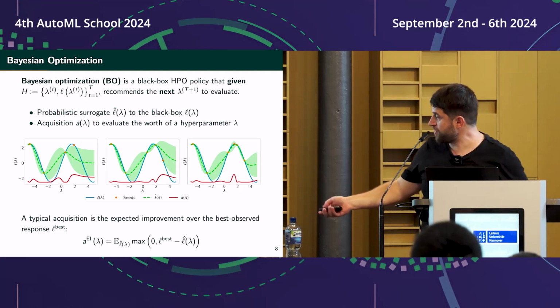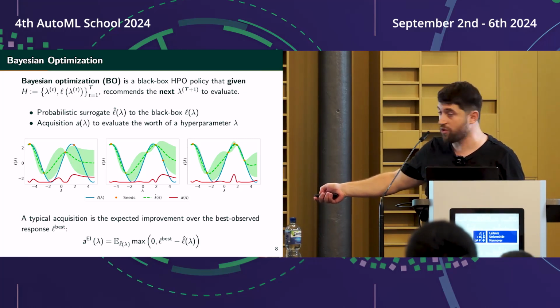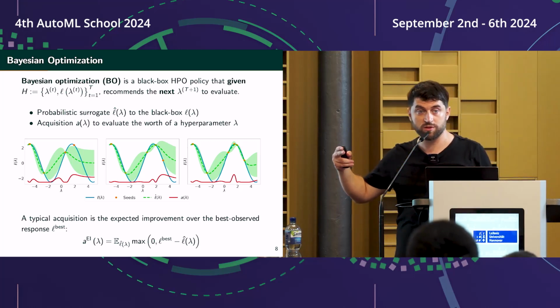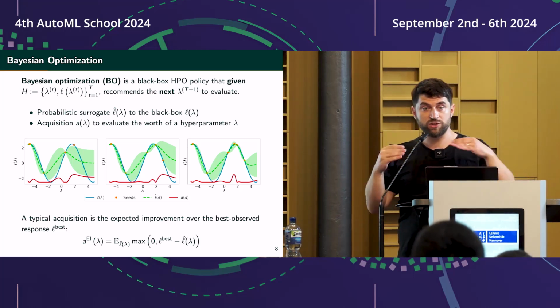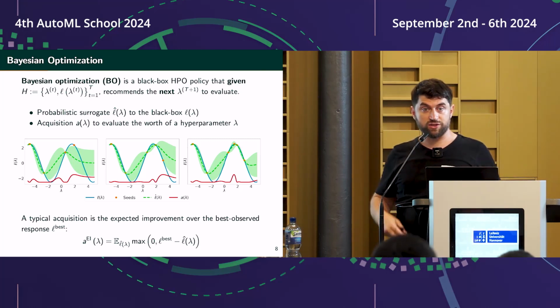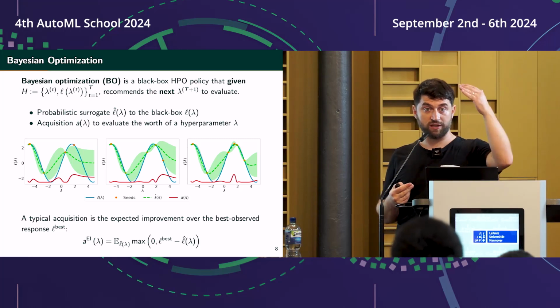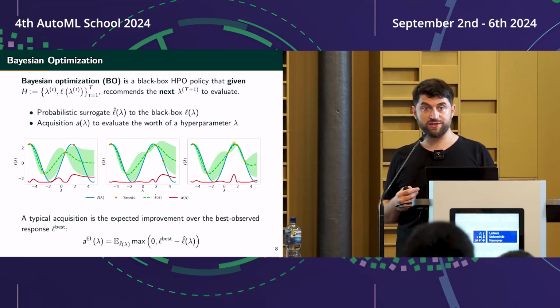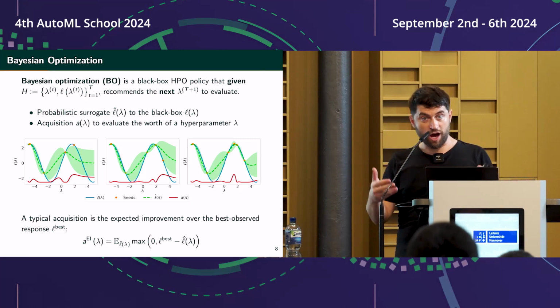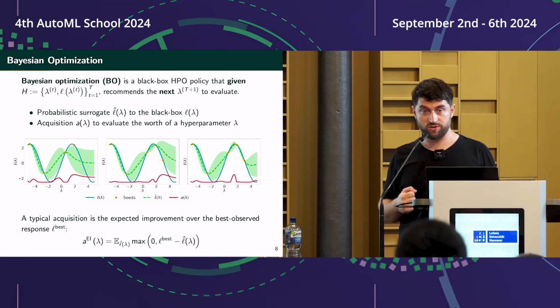In this case, for a minimization problem, we are looking to be below the best. For maximization problems, we look to be above the best. And we check what area of our posterior density function of the response with respect to the configuration is above the line for maximization or below the line for minimization. In other words, by how much do we expect this configuration to improve the best performance we have seen?